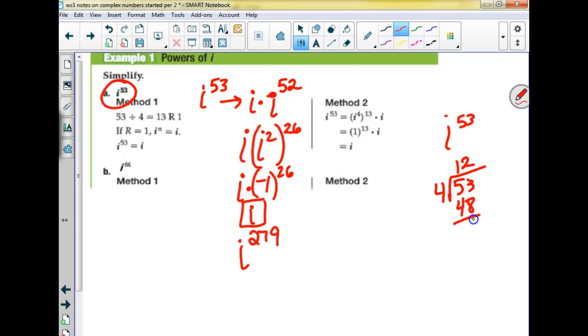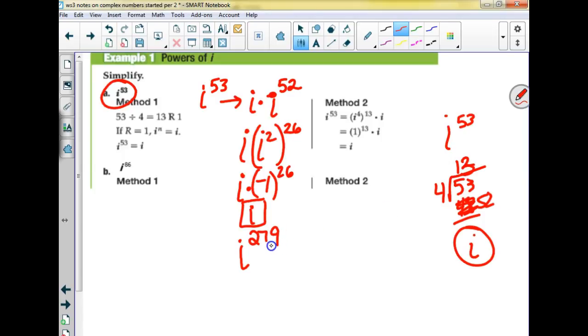Well, you can do 13 is 52. So you have 1 as the remainder. So that's what's left is 1i. My issue is if the remainder is 3, then I have to figure out what i to the 3rd is. And I only memorized i and i squared. So you can do it either way.